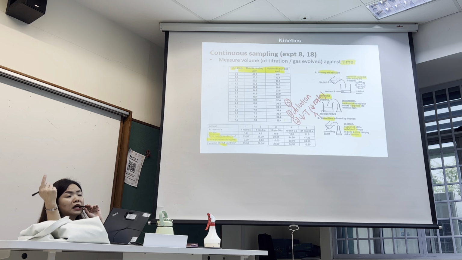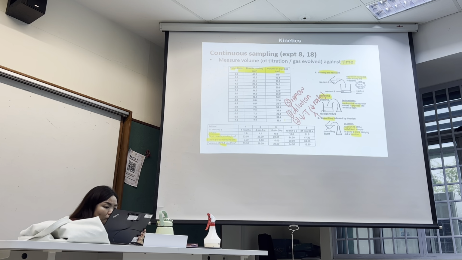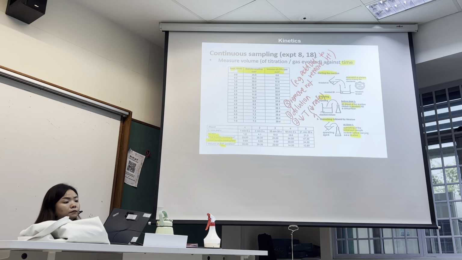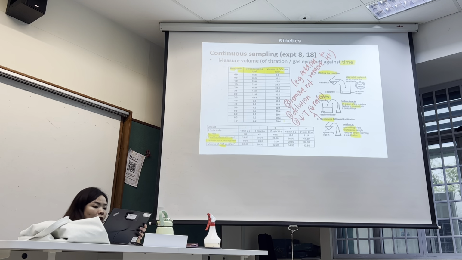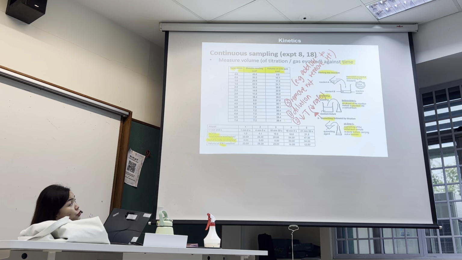You throw in a large volume of the base to remove the acid. Example, add OH minus to remove H plus. So please recall the different ways that we use to quench.